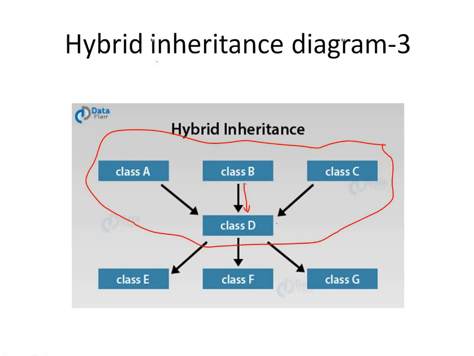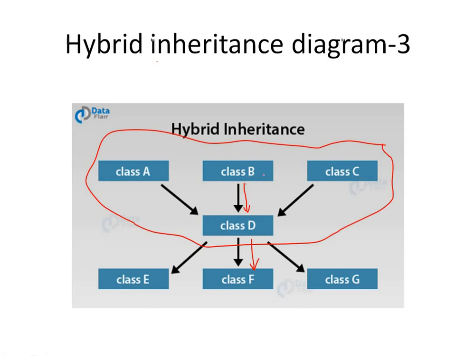multiple inheritance. For example, let us follow another path. Class B to class D, class D to class F. This type of inheritance is called multi-level inheritance.